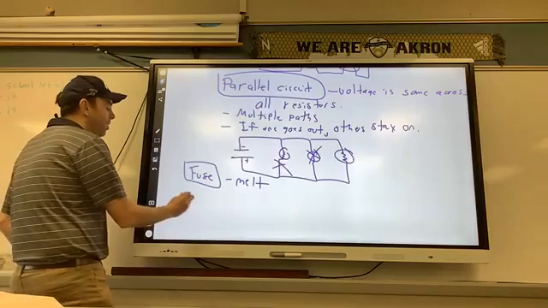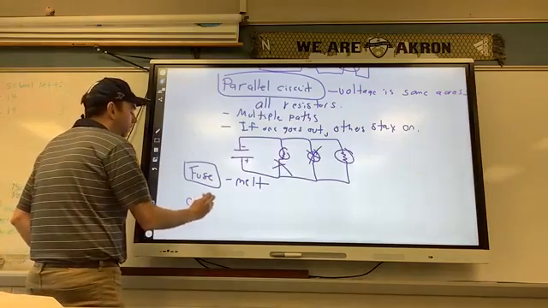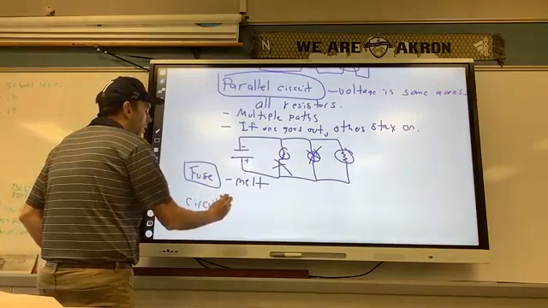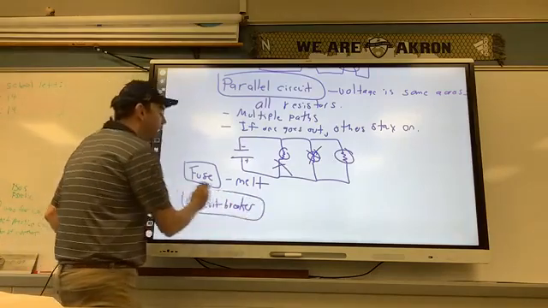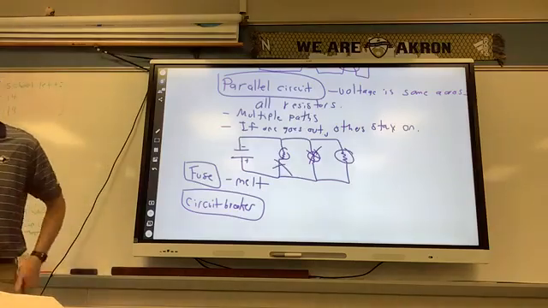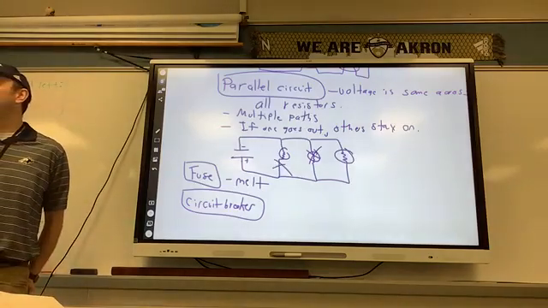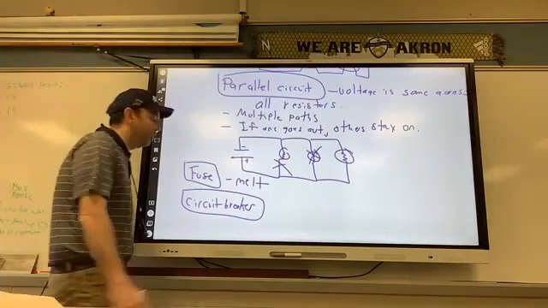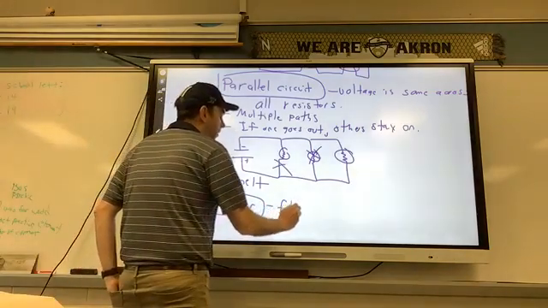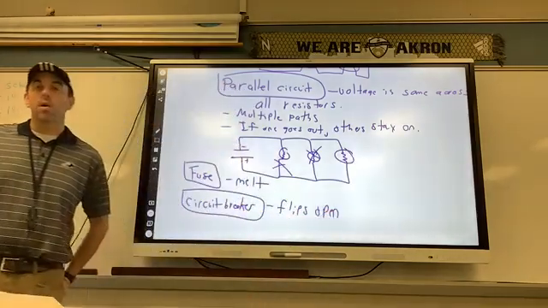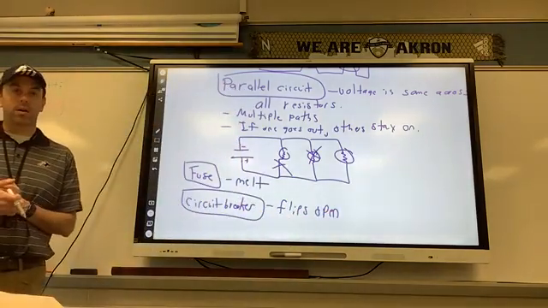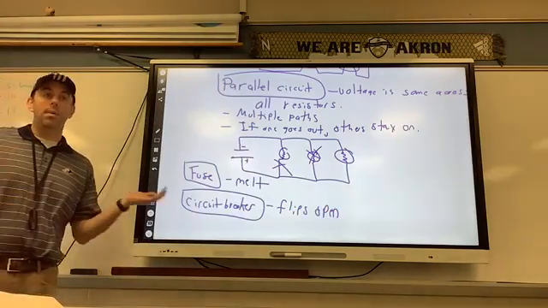Not to be confused with a circuit breaker. A circuit breaker is the box that you have in your house. How does that work? It flips open. It breaks circuits. Why would it break the circuit?